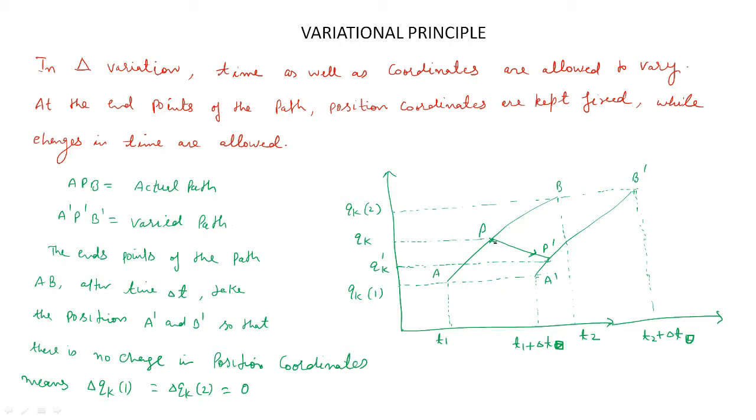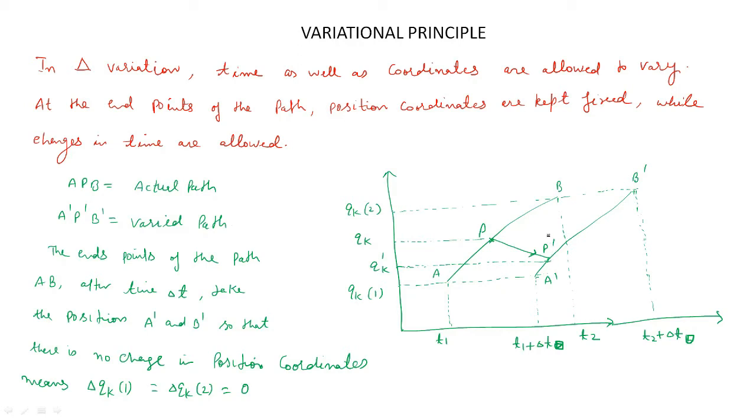This difference, the delta qk difference, we can understand like this: first we move from P in the horizontal direction, then we come to the vertical direction, to P dash, so it is a vertical distance. Now you can see that there is no variation in the time and there is a variation in the position coordinate, so this variation will be written as delta qk.